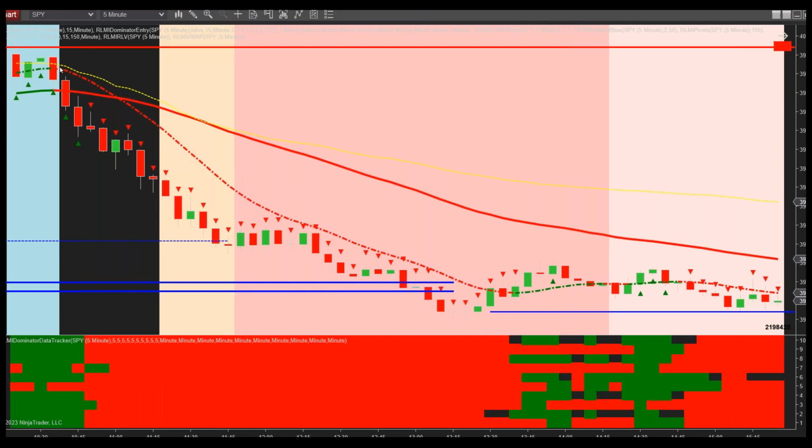Here it's coming down. You got black background, then we go to a light pink background. This is a bearish move right here. See, the dominator goes all red. You can actually buy this with a black background if you want to.